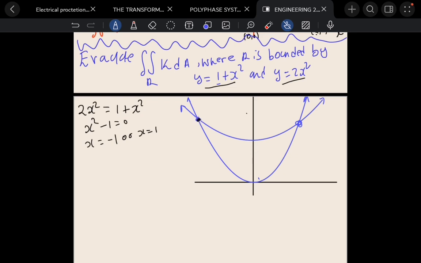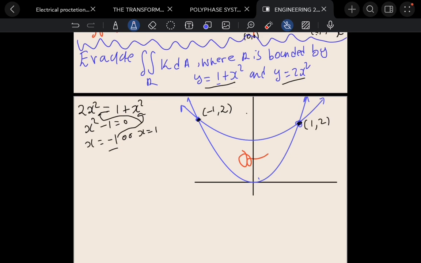Now when x is minus 1, you substitute it into either equation and get 2. When x is 1, again I'm going to get 2 because the parabola is symmetrical. So your region of interest is this one.